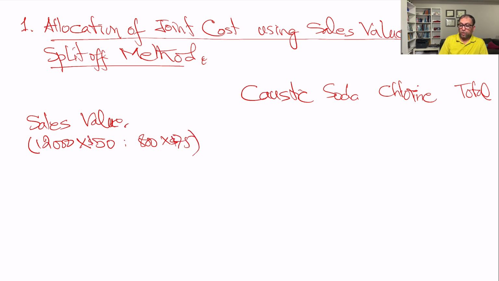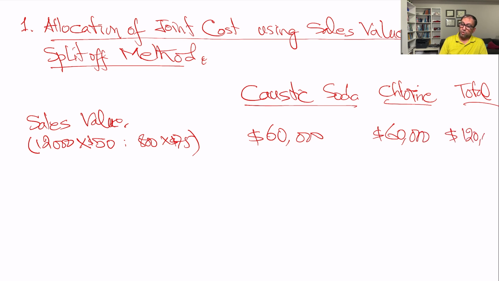So we see here that this is $60,000, and this is also $60,000. So we see that the sales value for both is the same. If we want to calculate the weighting, how we divide this, we know that 60,000 divided by 120,000 in both cases, so we get 0.5.